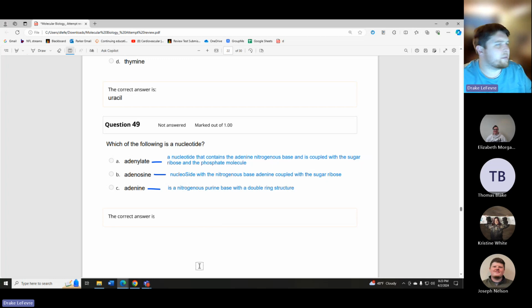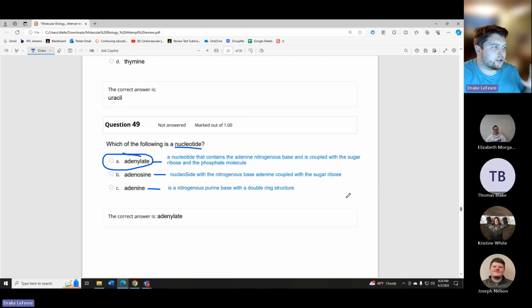So it's like the step by step. This is one of those questions of not necessarily which is correct, but which is the air-quotes best answer choice. That's why it's adenylate, because technically all three of these answers are more or less correct. But the nucleotide, specifically adenylate, is the nucleotide.